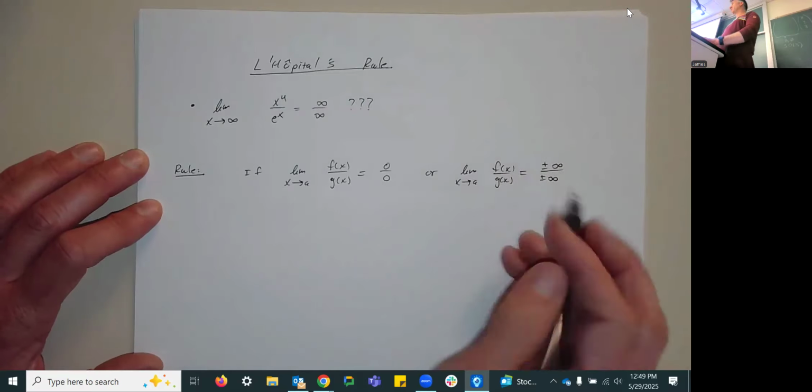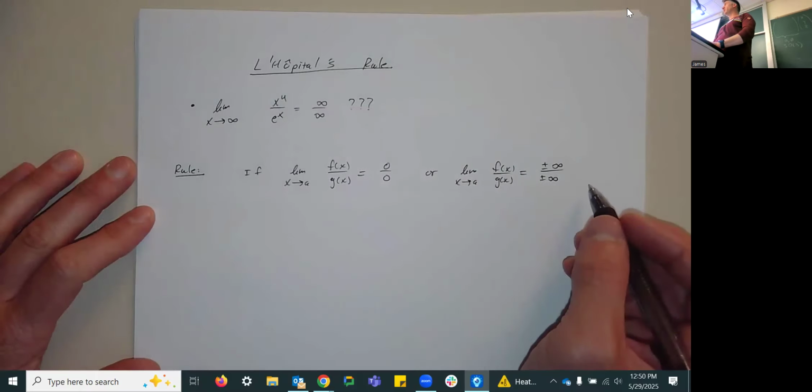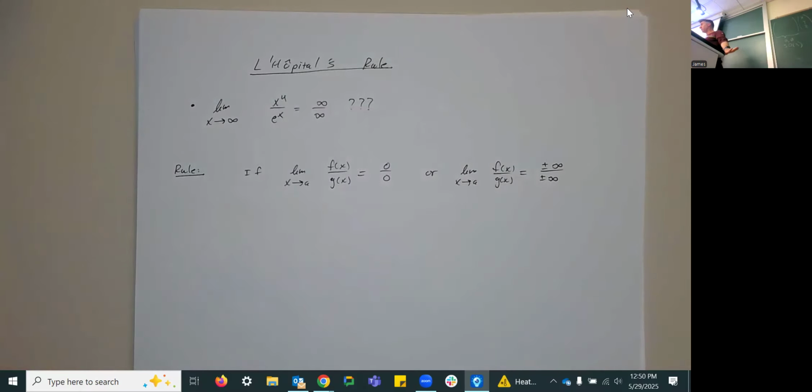What I'm saying there is it doesn't have to be positive infinity over positive infinity. It could be a positive infinity over a negative infinity, or a negative over a positive, or a negative over a negative. Any combination of positive over negative, or negative over positive. If either of these two cases are the case, these are the only cases where you can use L'Hopital's rule. Anything else, you have to do some work first.